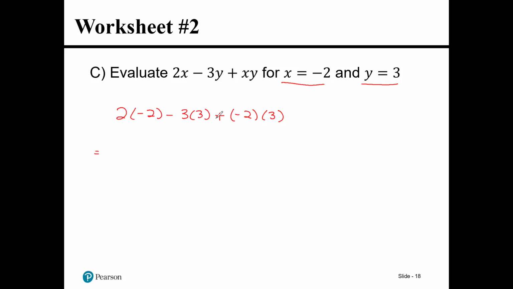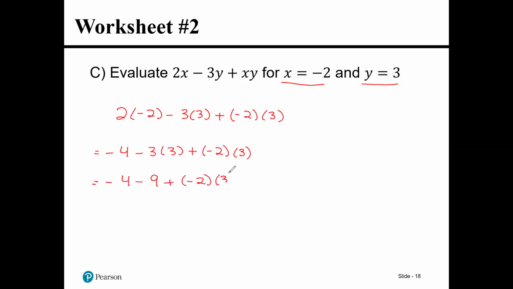All of these are just a bunch of multiplication. If we've got groups of multiplication like this, you can do this all at one time, but I'm going to do it step by step. First one first, 2 times -2 is -4. Now we have -3 times 3, which gives me -9.